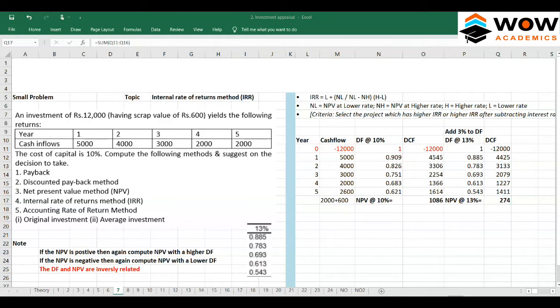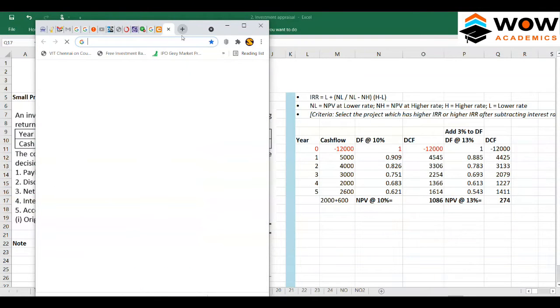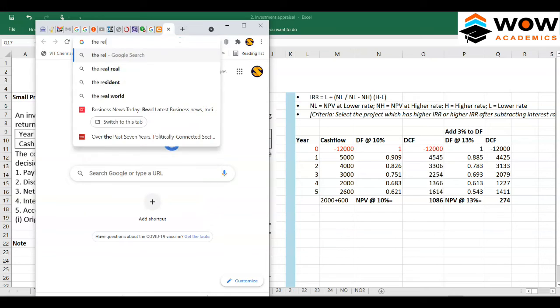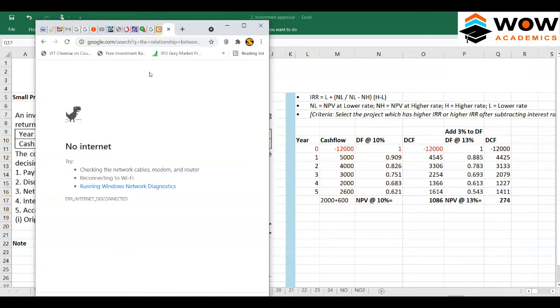So if you want, I'll just check in Google Images the relationship between NPV and discount factor. Just 1 second, I will switch on the net.